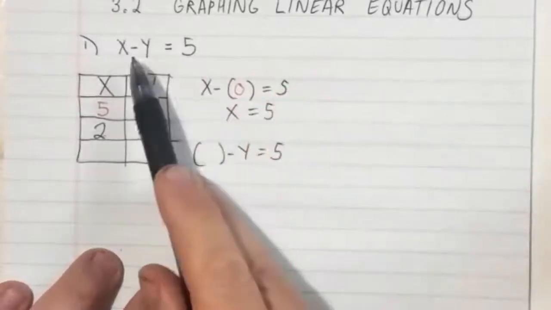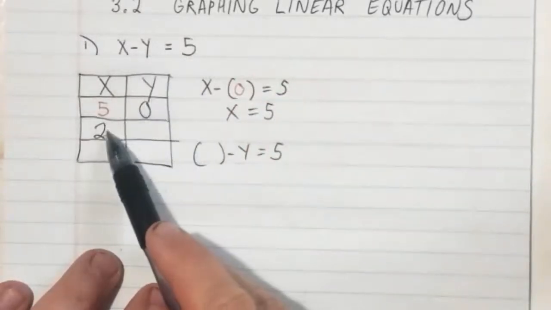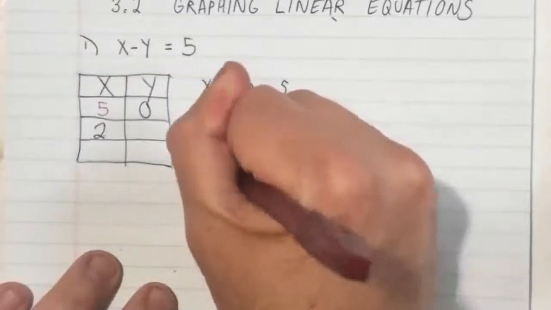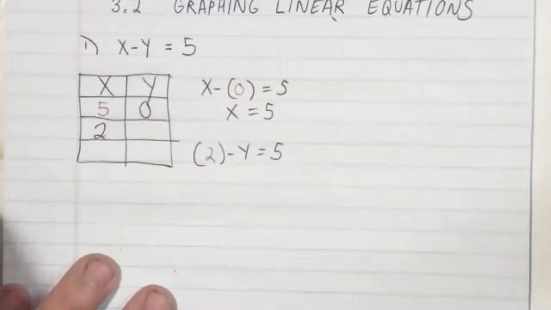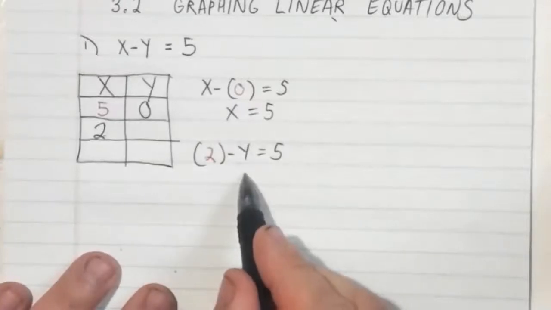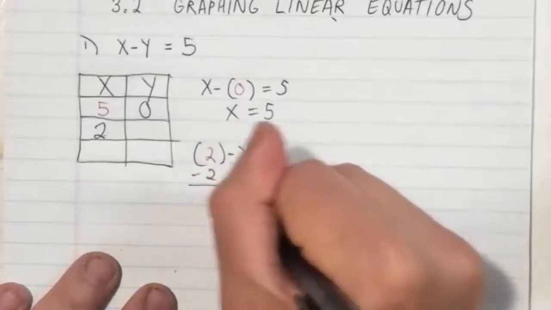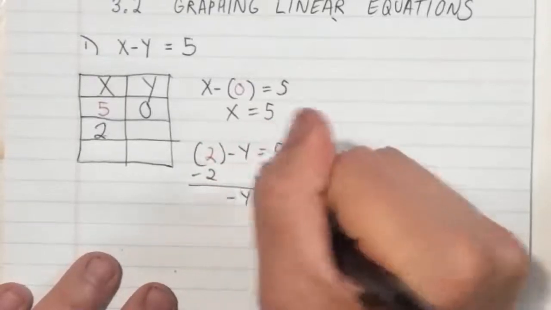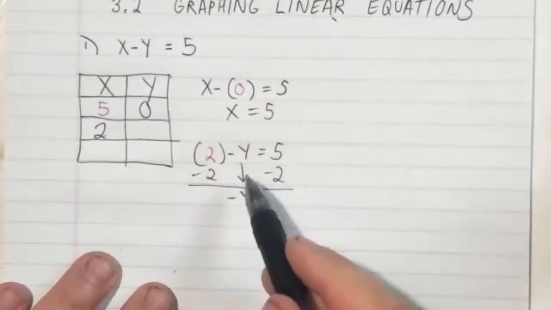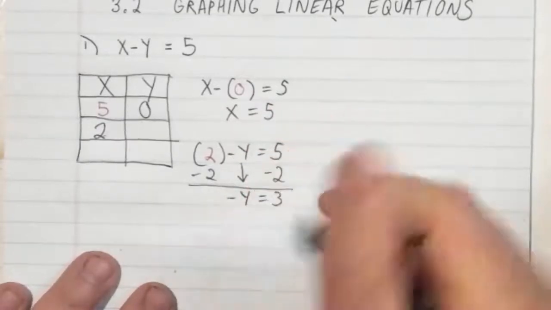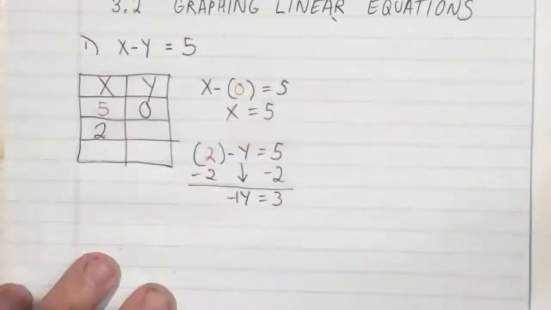Again, I'm using that same equation every time, but this time I'm putting 2 in where x was. And then I have to solve for y. I have to know what is the value of y. So the first thing I do is get rid of that 2 by subtracting 2 from both sides. The key here to remember is there is a negative y. So when I bring this down, I'm bringing down a negative y. In other words, that's like a negative 1y.